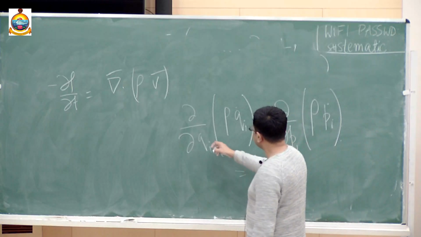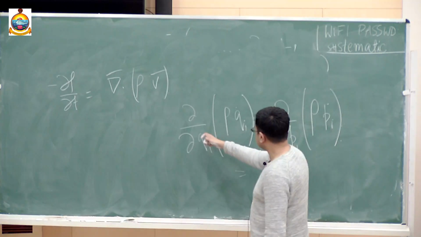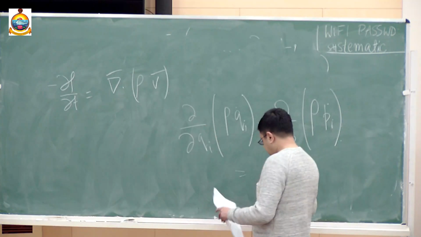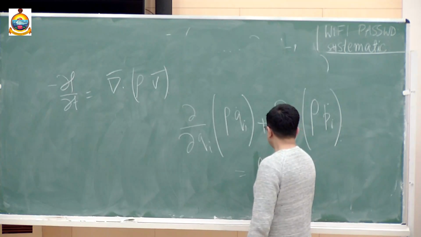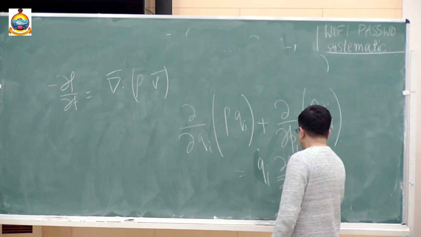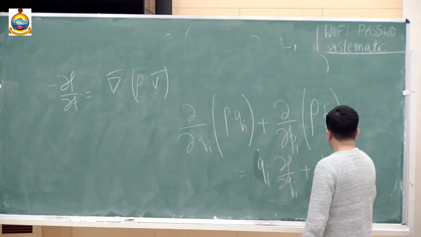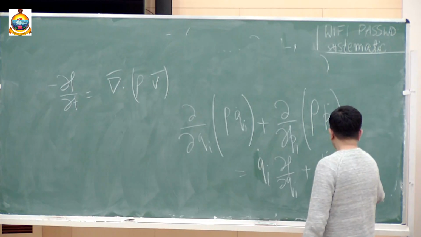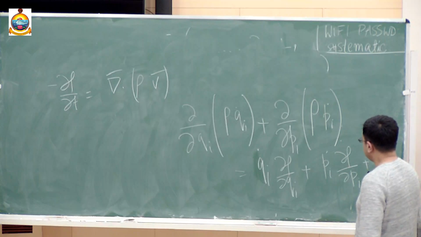And this, if you expand out, there will be one term which is qi dot of del rho del qi plus pi dot of del rho del pi, and there will be two other terms.